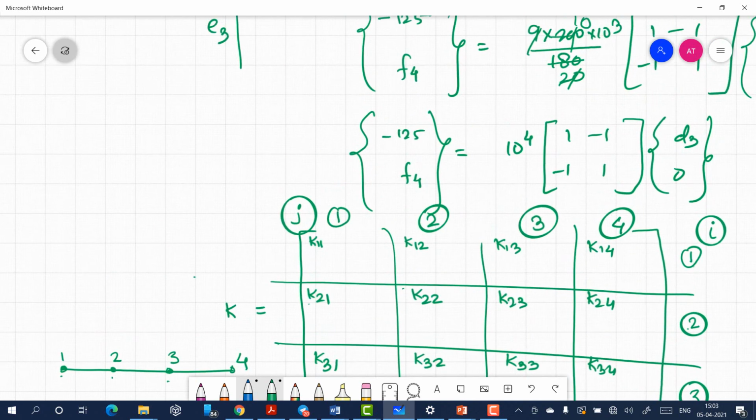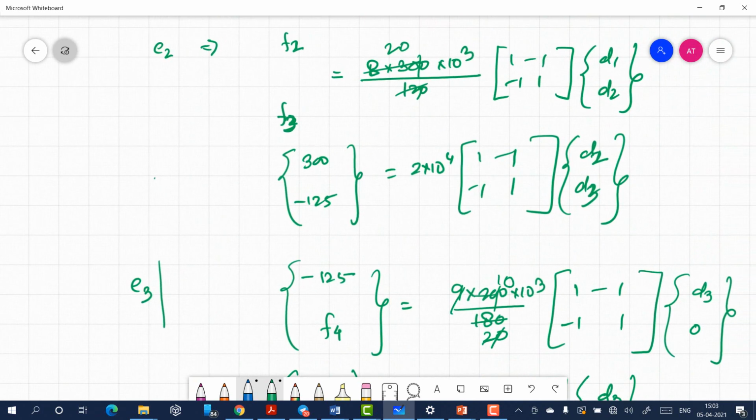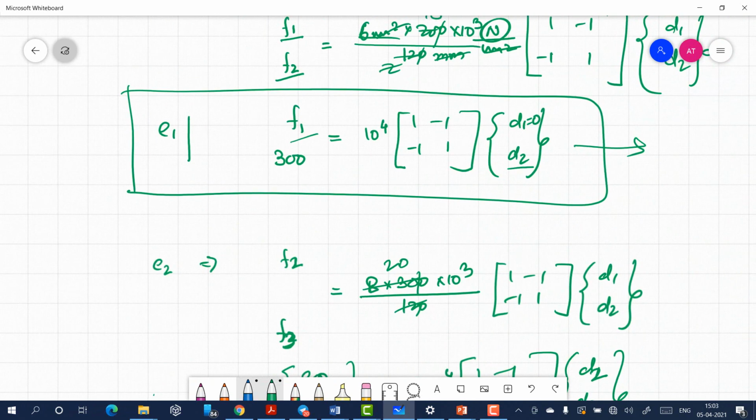So now let us look at element number 1. So I have K11, K12, K21, K22. Okay. So let us populate this part. Let us put element number 1 where it belongs. For element number 1, I have 10 to the power 4, [1 -1; -1 1]. That is my stiffness matrix.